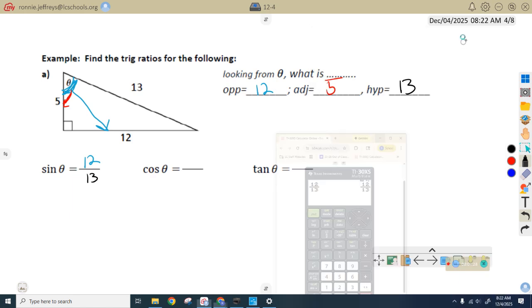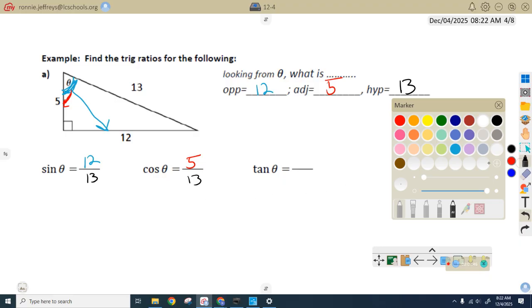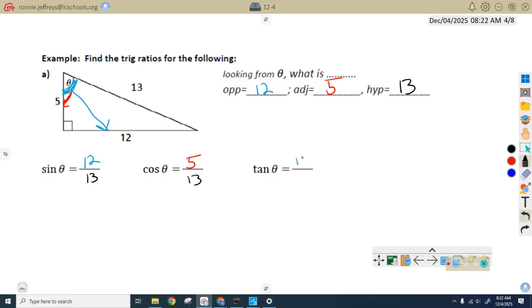Cosine is our adjacent, which is 5, over the hypotenuse, which is 13. Our tangent is our opposite, which is 12, over the adjacent, which is 5. And that's it. We just leave these. You can check them with the calculator to see if they reduce, but this is it.